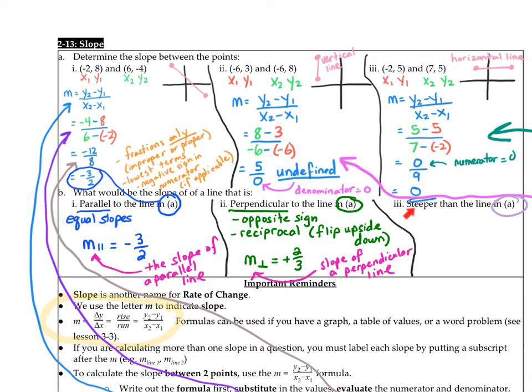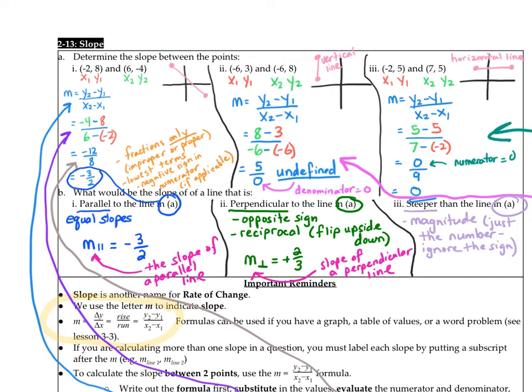And what we're looking for is a slope that is steeper than the line in question A. So in this case, for it to be steeper, all it means is the magnitude, which means just the number, and ignore the sign. So it doesn't matter what the sign is. The sign could be positive or negative.